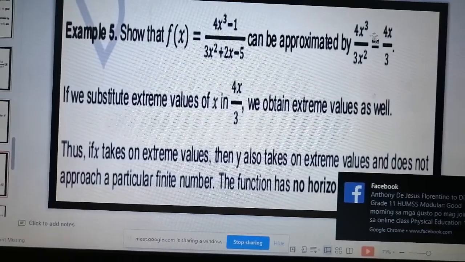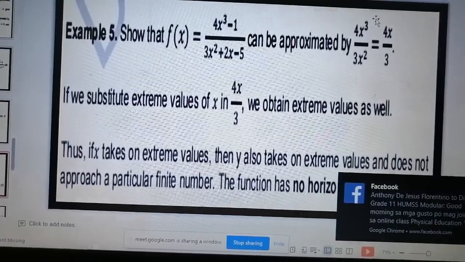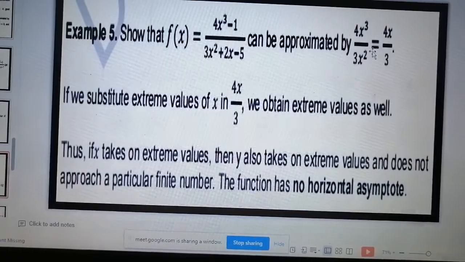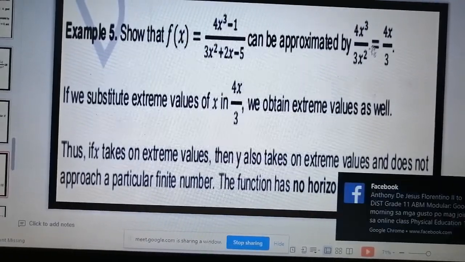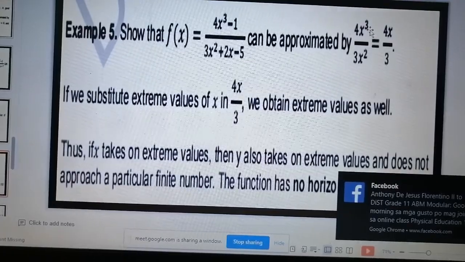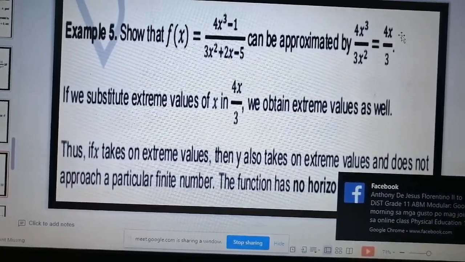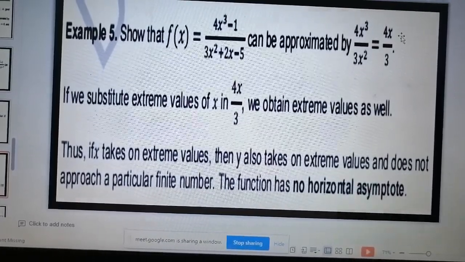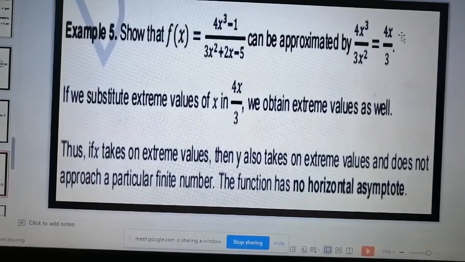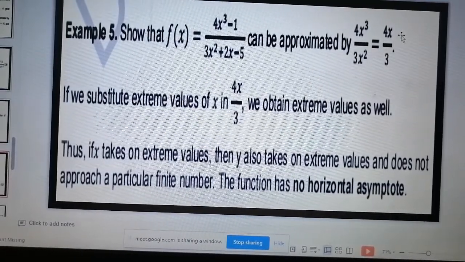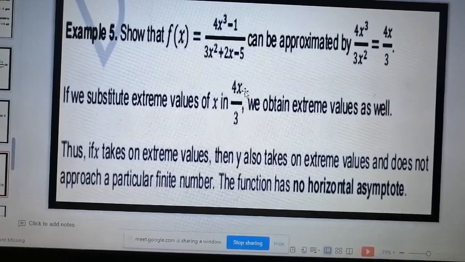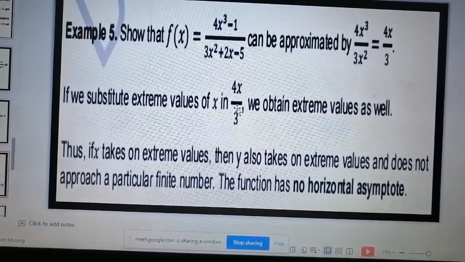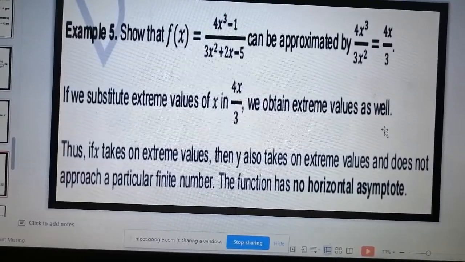Tingnan nyo anak, x cubed at saka x squared, you need to subtract x squared to x cube, ay x. So, ang matitira natin ay x sa taas. So, para makuha natin, we substitute the extreme value ng x. So, magiging 4x divided by 3. We obtain extreme dash as well.